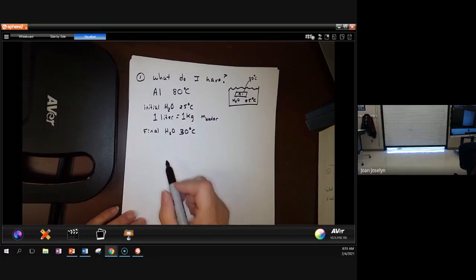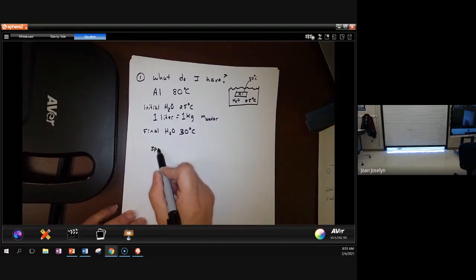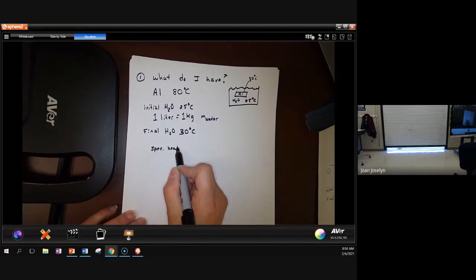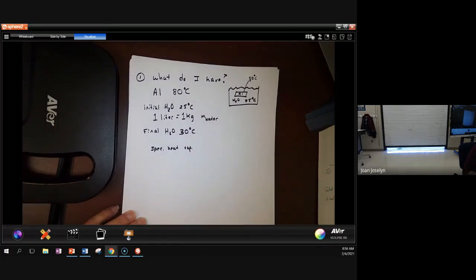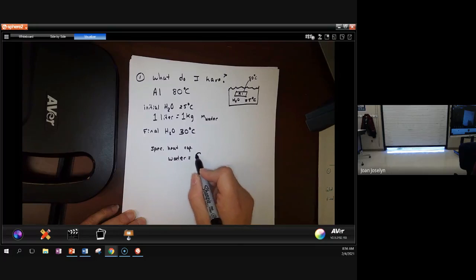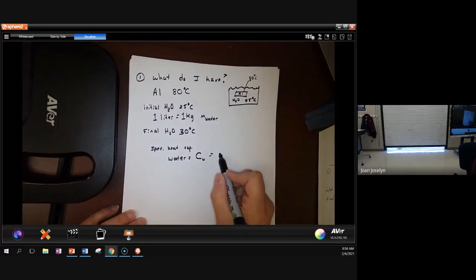Okay, what else do I know? I know the specific heat capacity of water. I don't really know that. It didn't say it in the question, but I need it. So I would look it up online and find that the specific heat capacity, C, of water, CW, is 4184.